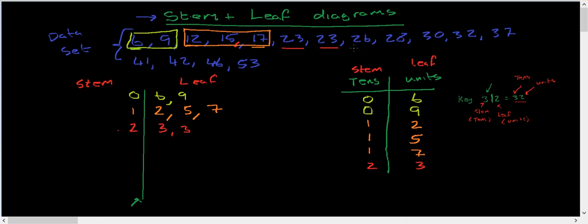If we have a look here, 26, remember, it has 2 tens and 6 units. So the 2 here represents the 2 that makes up the 10, and then we will put 6. We then see here we have 28, so the 2, and then we're going to have the 8 here.